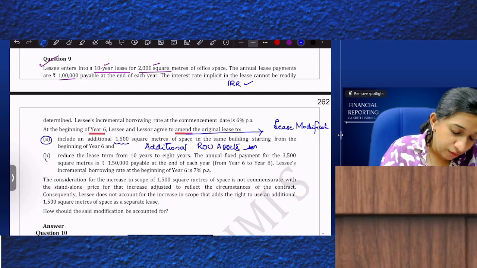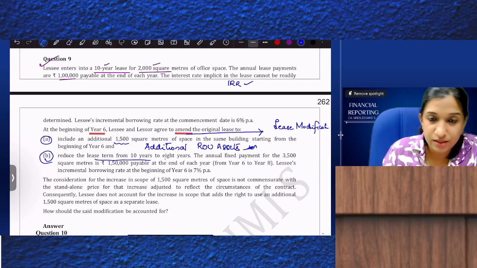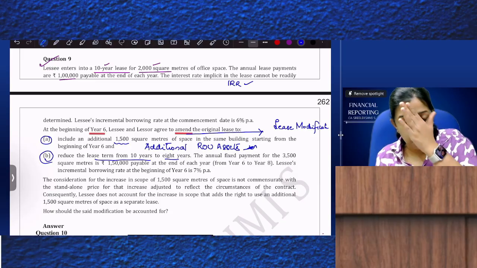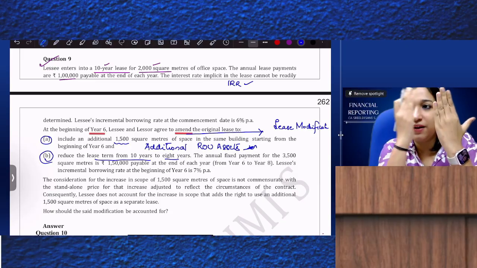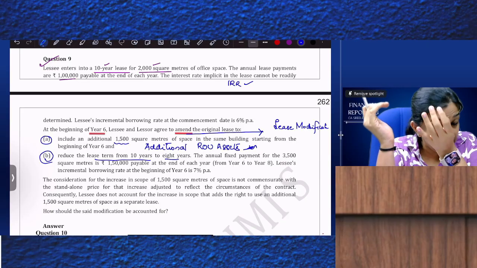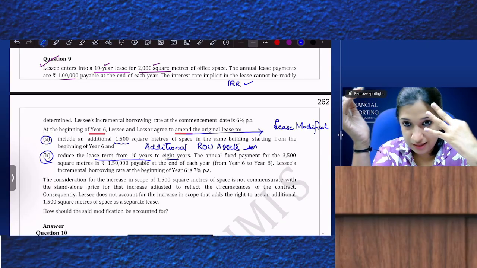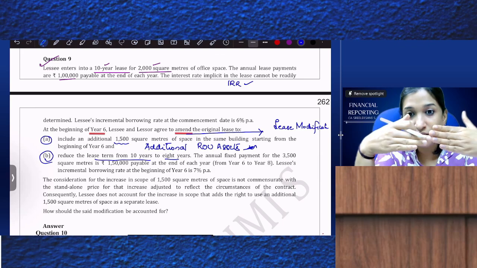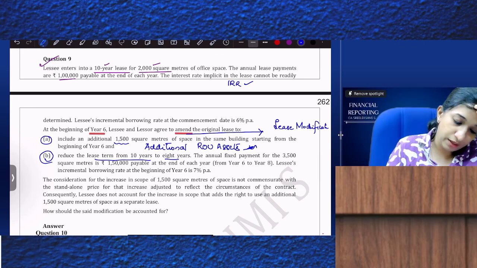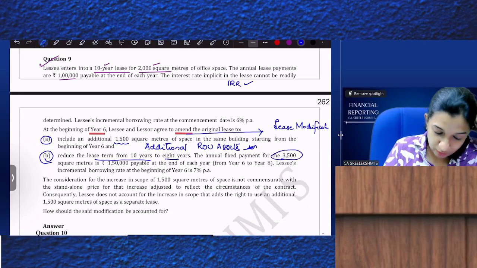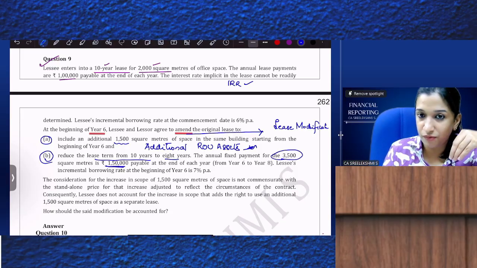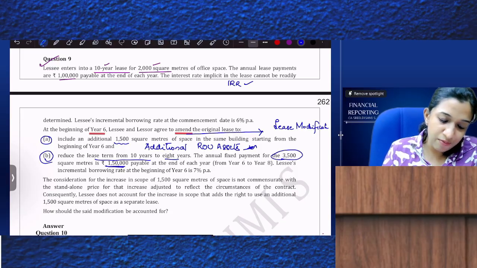Now reduce the lease term from 10 years to 8 years. Already 5 years are completed, so remaining 5 years were there; from that you reduce to remaining 3 years. The annual fixed payment for 3,500 square meters is 1,50,000 payable at the end of each year. Lessee's IBR is 7% per annum.